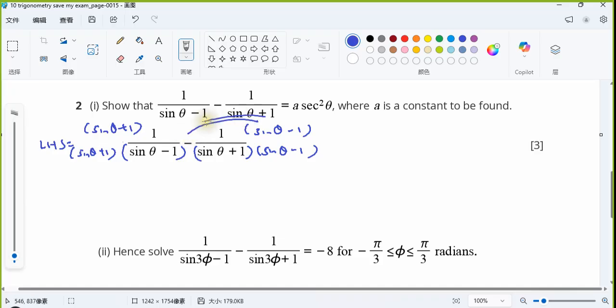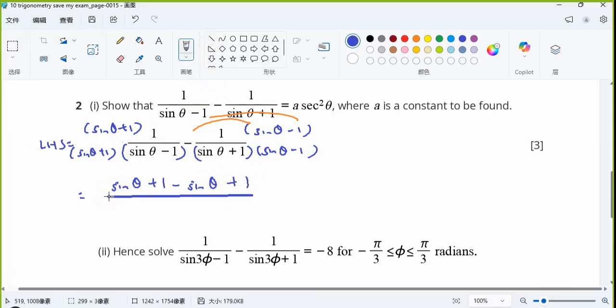And the negative we expand. So we have sine theta plus 1 minus sine theta plus 1, and then over, okay, sine squared theta minus 1.